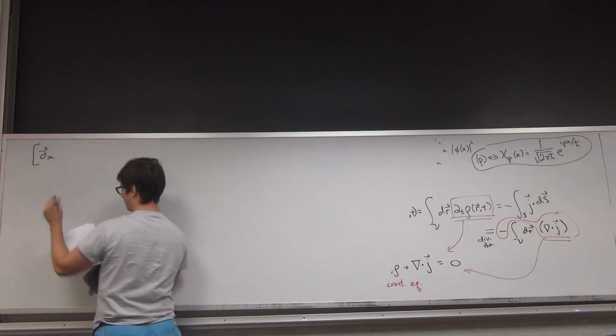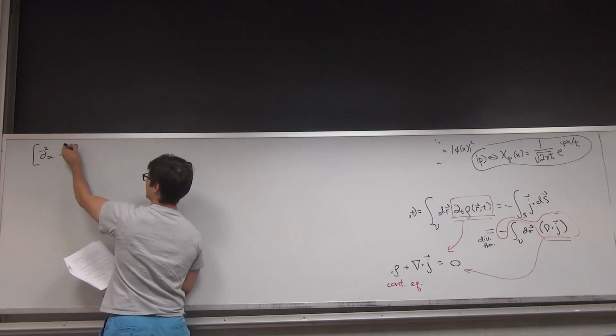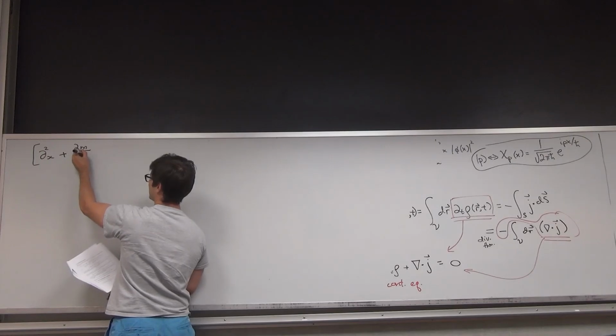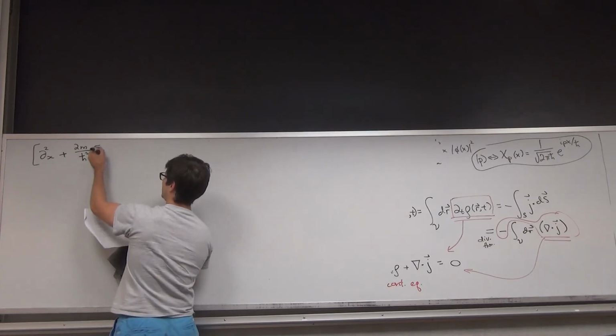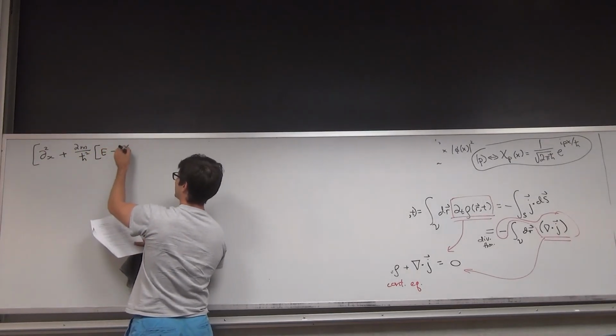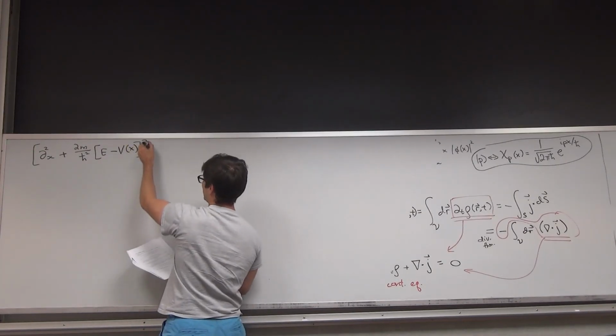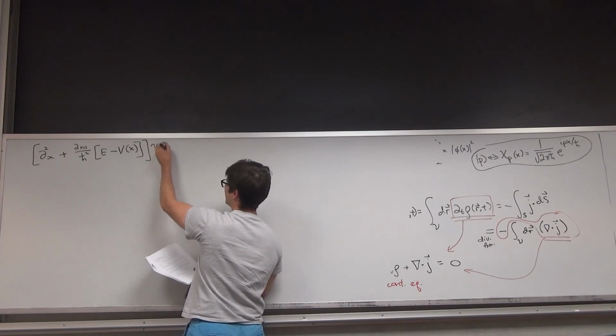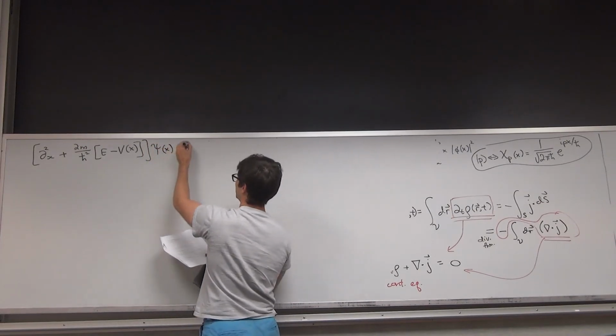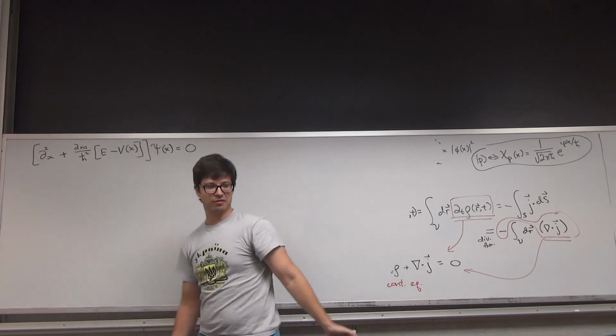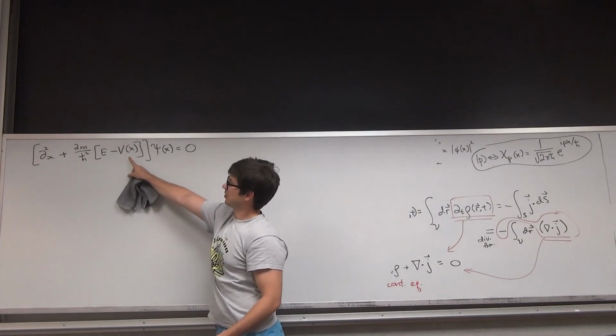It's two derivatives plus 2m over h bar squared of E, a constant, minus V(x). This whole thing multiplied by psi of x has to be equal to 0. We're going to solve this thing for different potentials V of x.